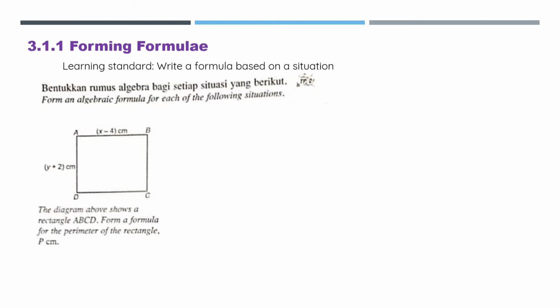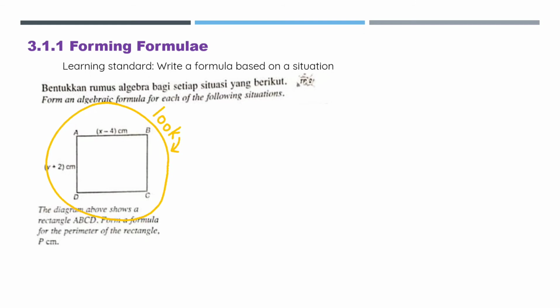The length from A to B here is x minus 4 cm. The length from A to D here is y plus 2 cm. The diagram above shows a rectangle ABCD. Form a formula for the perimeter of the rectangle, P cm.